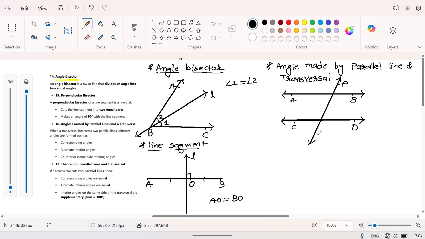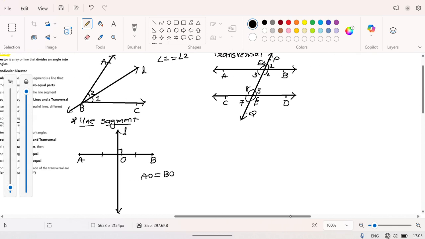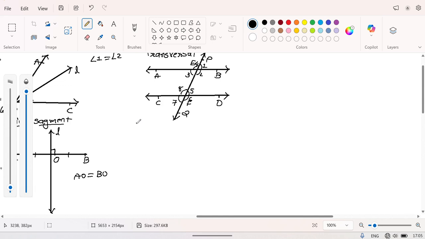This is line PQ, and these are the points of intersection, E and F. So it creates 8 angles: angle 1, 2, 3, and 4, 5, 6, 7, and angle 8. In all these angles, the first type is the corresponding angle. Let me see what a corresponding angle is.